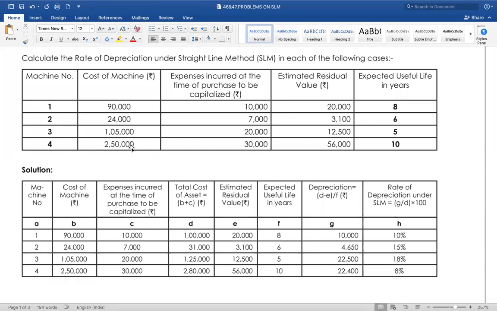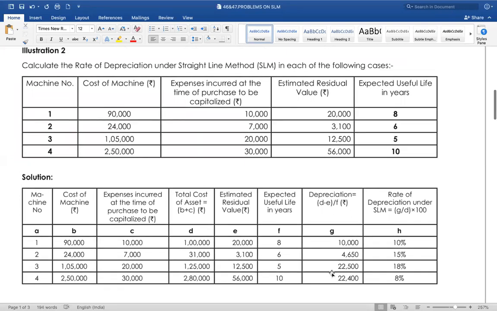Divided by 10 years, you will get a depreciation of 22,400. So these are the depreciation values for four machines. The first machine 10,000, second machine 4,650, third machine 22,500, fourth machine 22,400. Right? How do you calculate the rate of depreciation?